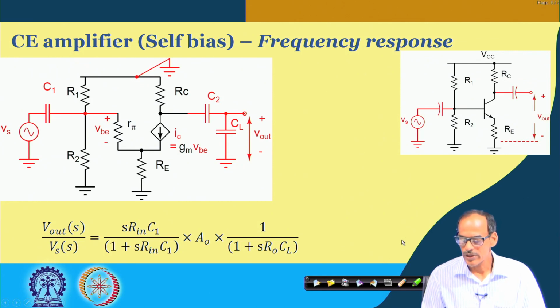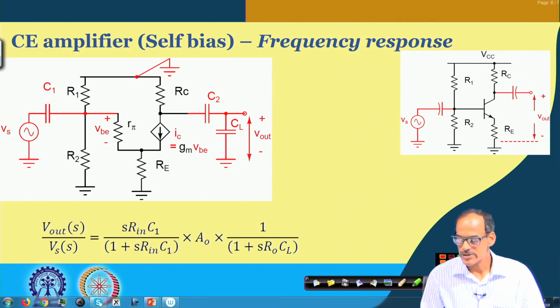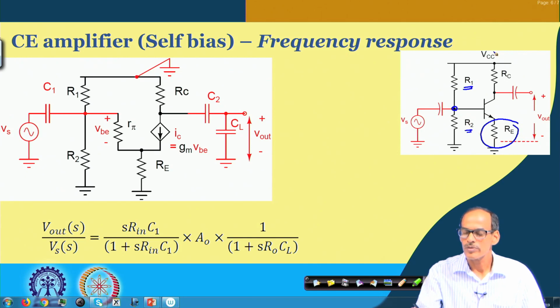You may recall that in the self biased circuit we have the emitter resistor, and at the base we have R1 and R2 from VCC to generate a DC voltage here.